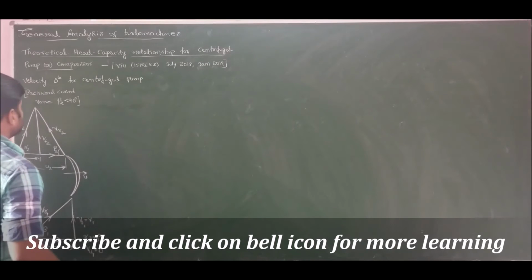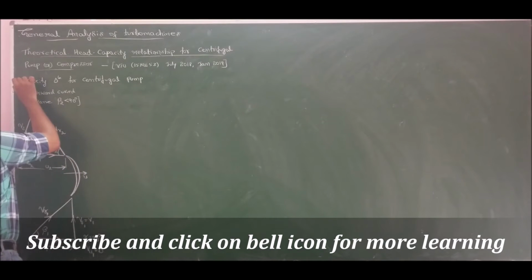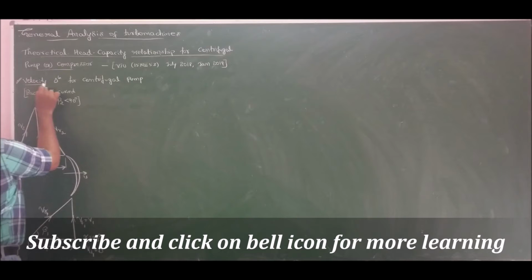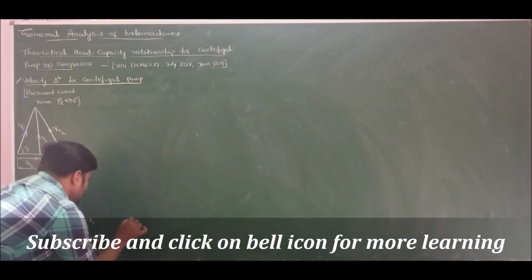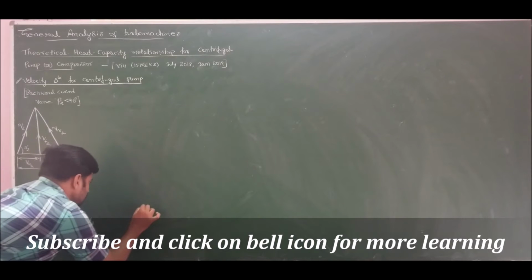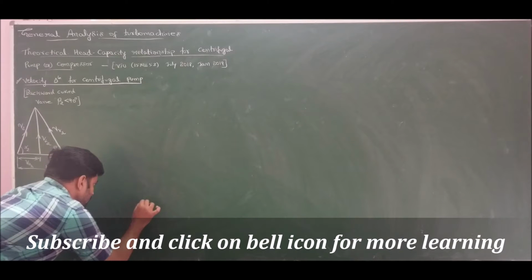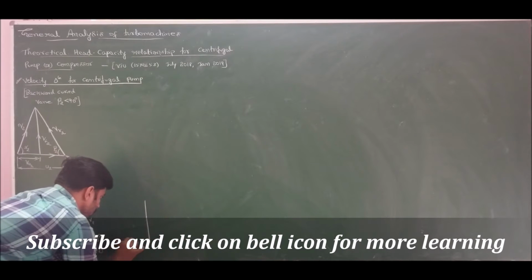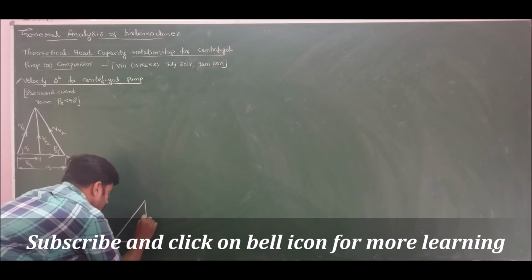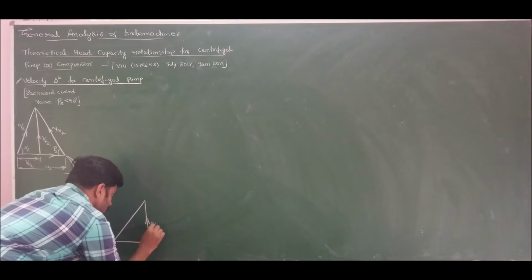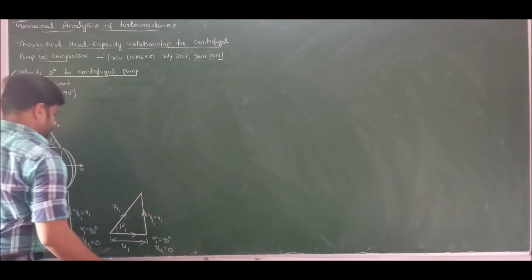Coming to the second one, that is radial wings. If I have radial wings, the inlet velocity triangle is constant. As I said, we have a right angle triangle at inlet, no change in inlet velocity triangle, that is Vu1 always 0.